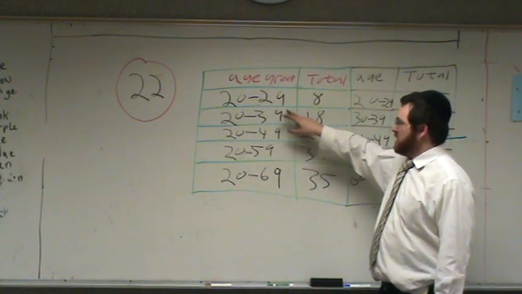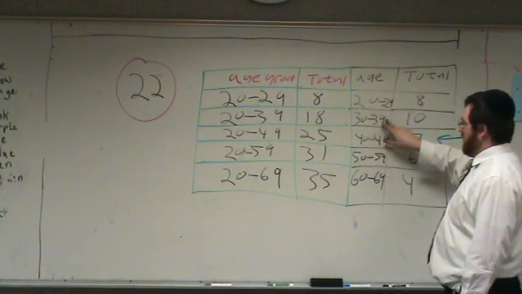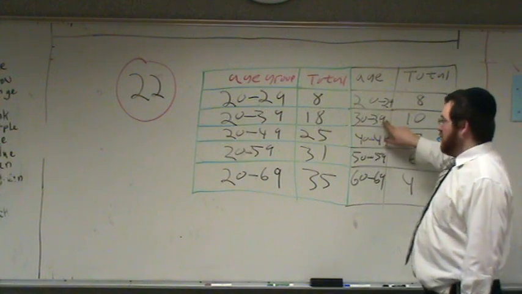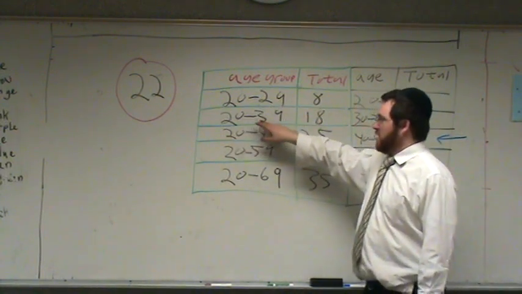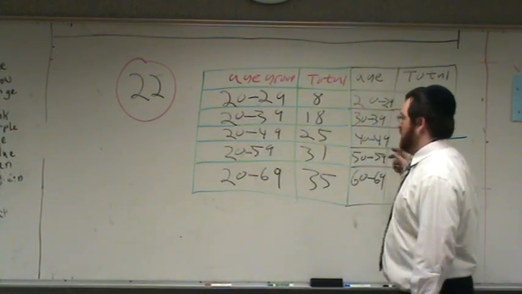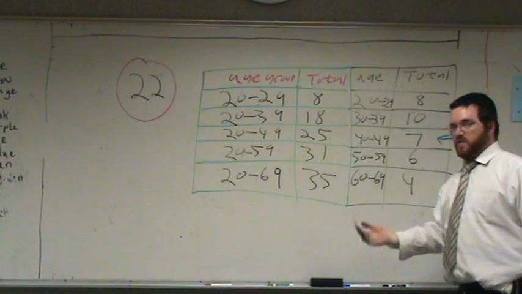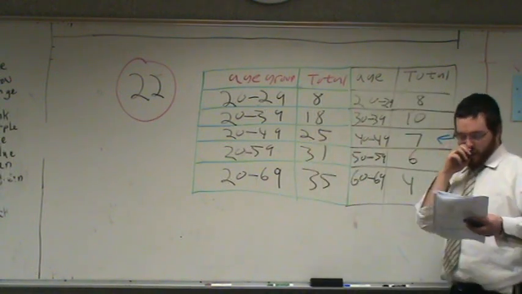That means they don't tell you from 20 to 29 and 30 to 39, that would not be cumulative. Cumulative means 20 to 29 and add on 30 to 39, then add on 40 to 49, and then add on 50 to 59, that's cumulative. One on top of the other, one plus the other.